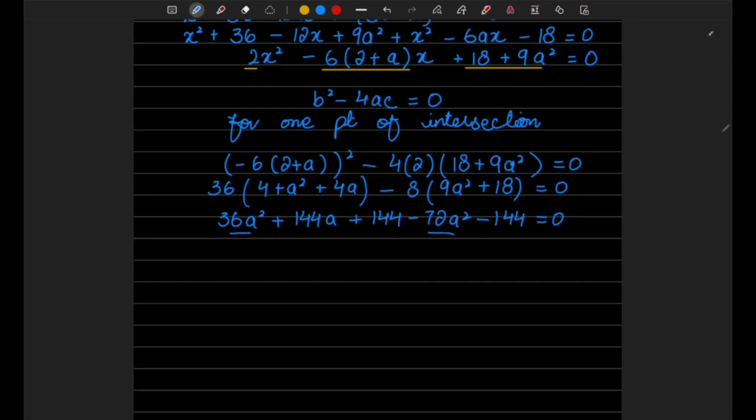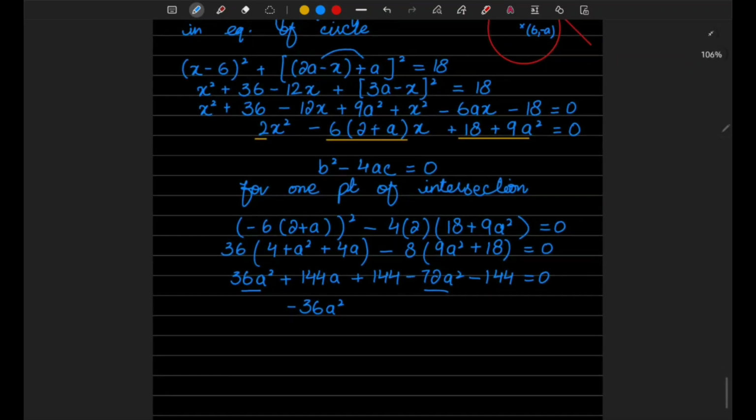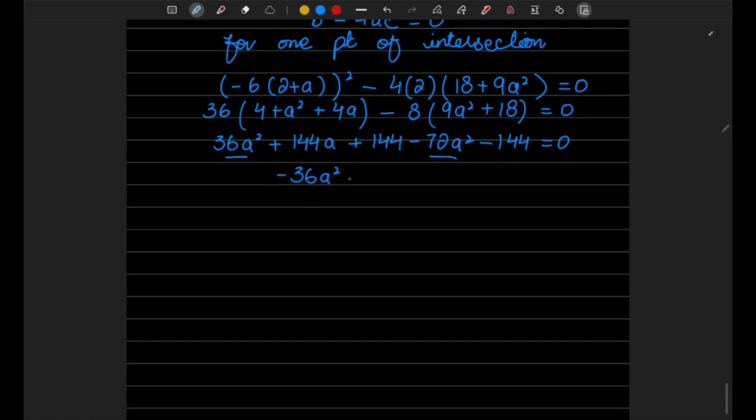Now 36 minus 72 will give you minus 36a squared, then plus 144a, and these two constants will cancel, so equals 0. Now from here we will get the a values. We take a common, because if we are not sure a is non-zero, we cannot cancel it out. So a common, and we are left with minus 36a plus 144 equals 0.